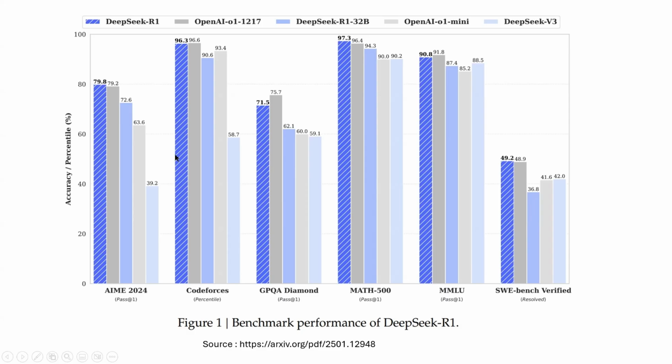So on average, OpenAI's O1 outperforms DeepSeek R1, but in specific benchmarks like AIME, math, SWE-bench, and the rest, DeepSeek R1 outperformed O1.